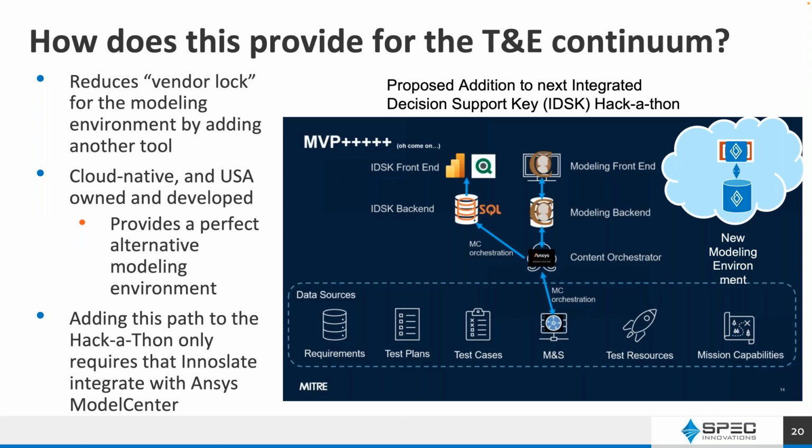Now, by the way, there has been an interesting effort by that same group. They were developing something called a hackathon for an integrated decision support key. The idea was to create the information base that was needed by going through and integrating a number of different tools. We've proposed that we help do that.